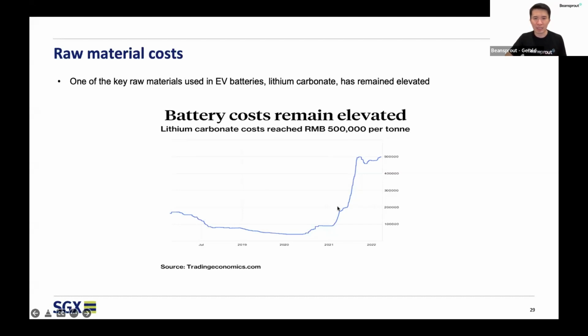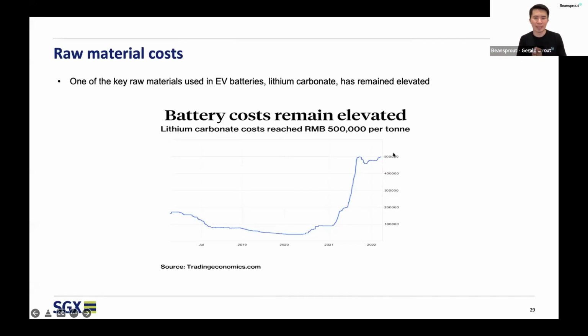But what we saw for lithium is that from below 100,000 yuan per ton, it spiked up to 500,000 yuan per ton, which is close to a 5 times increase. Came down a bit before this year, but it has actually continued to go up and stayed at about the 500,000 per ton level.